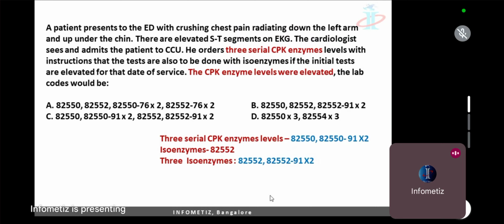So what did the doctor say? First order the CPK enzyme. If the result is abnormal, order the isoenzyme also 3 times. And the CPK enzyme level was elevated.